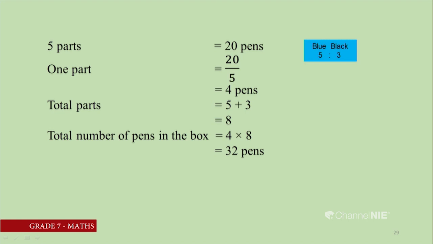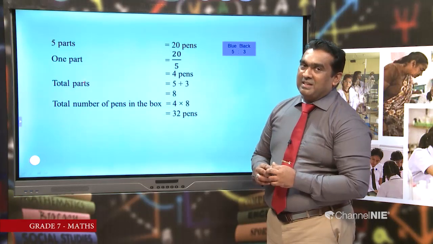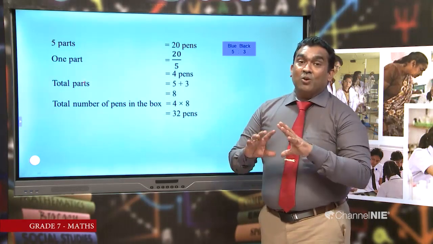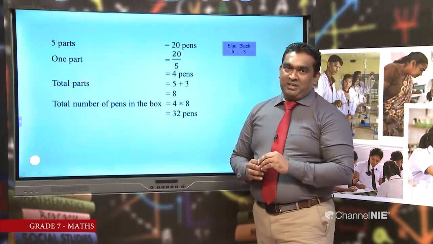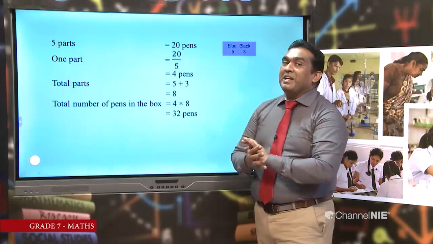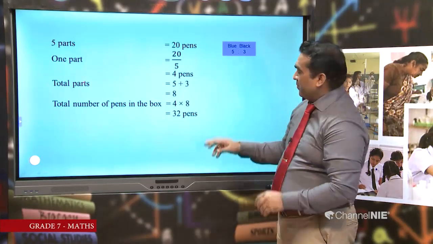If you can find out the total number of units here, then you can find out the total amount, right? 1 part equals 4 pens, total parts 5 plus 3, 8, total number of pens in the box 4 multiplied by 8, 32 pens. That is how we get the total amount using a given amount.